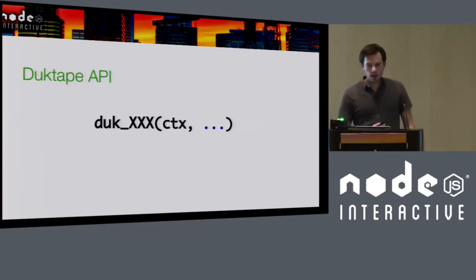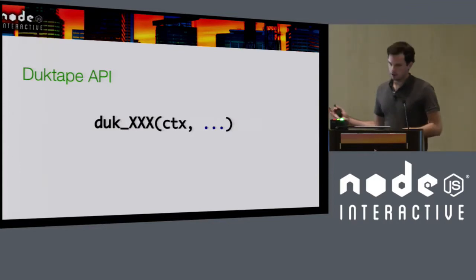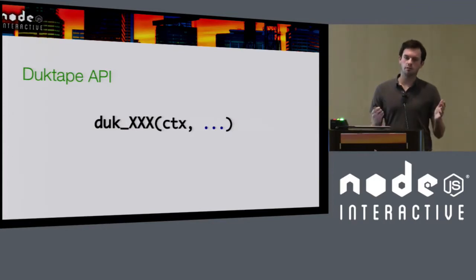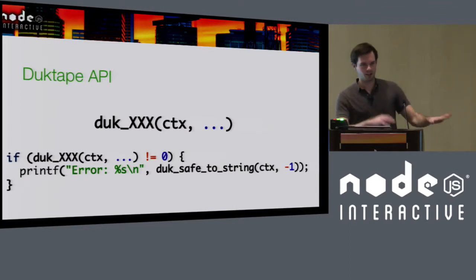And the API looks like this. So it has a namespace like all good C code does, where all the functions start with duk. And then you have the function name, and it takes a context, a duk context, and maybe some extra arguments. And if you're cringing and you're a C programmer in the crowd, you can also do error checking, right?